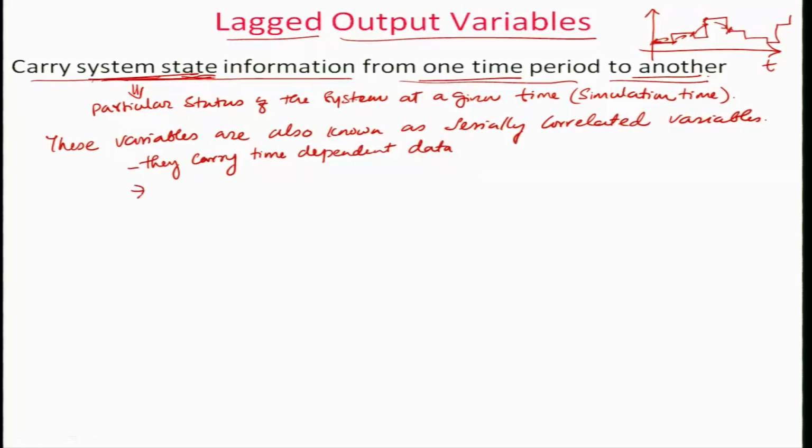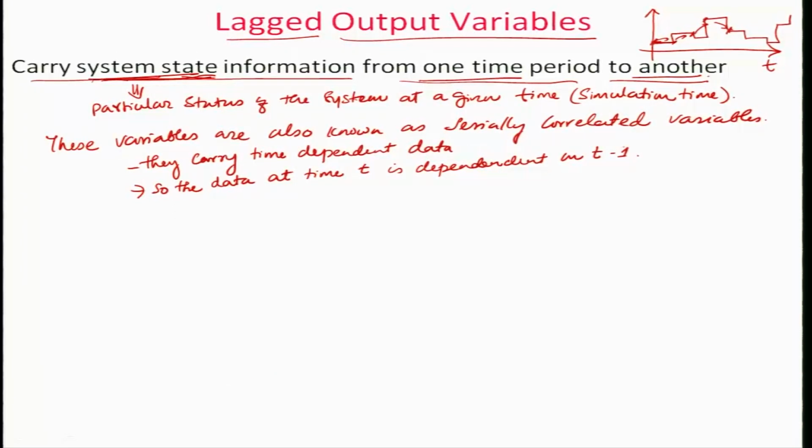So, the data at time t is dependent on t minus 1, the previous time period.